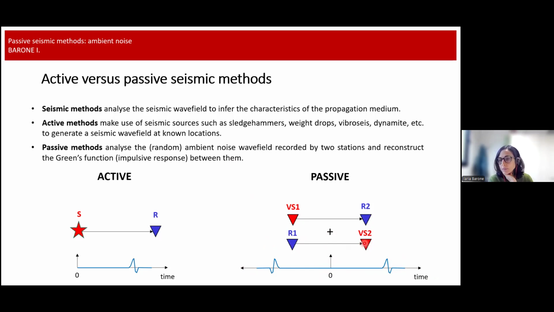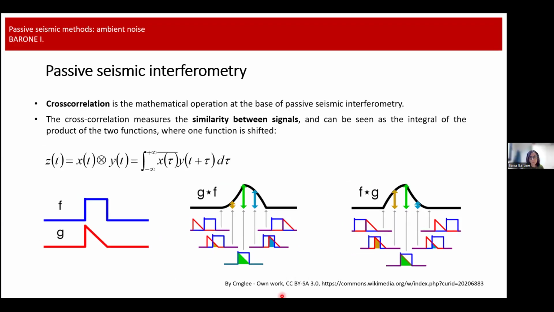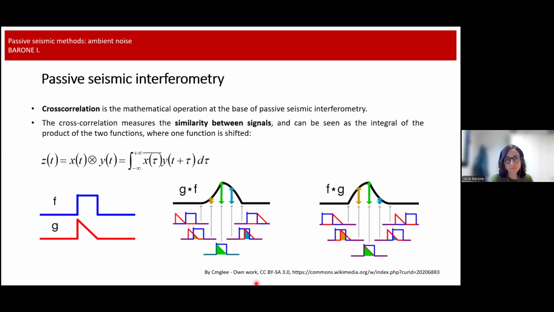We will explore a little better how we get this kind of signal, of course, but the main concept is this one: retrieving a coherent signal, similar to an active signal, from a random ambient seismic wave field. The technique we use is passive seismic interferometry.